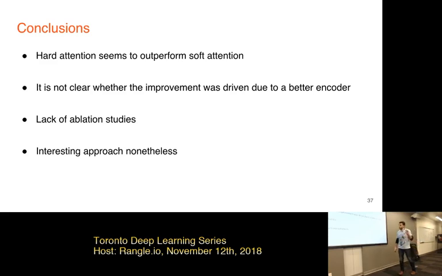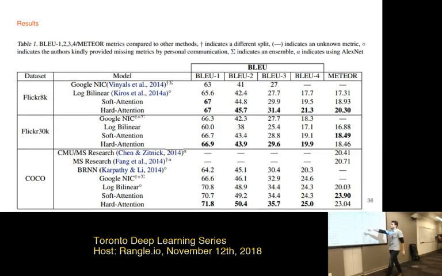At the same time, it's not clear whether the improvement was driven by a better encoder or not. Compared to these models, these guys used pretty much a state-of-the-art encoder at the time, the VGG19. So it's not clear whether this improvement in scores was caused by just a better feature encoder, or because of the hard attention mechanism or soft attention mechanism.